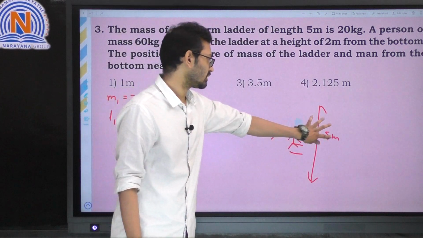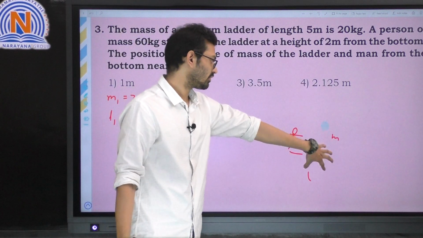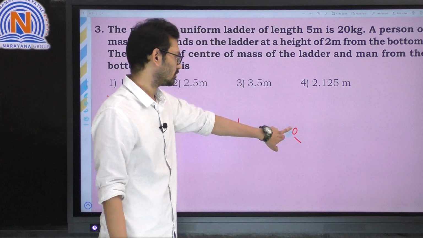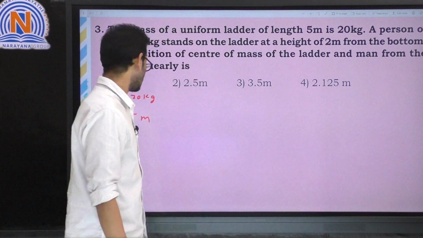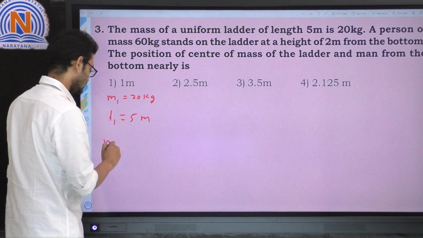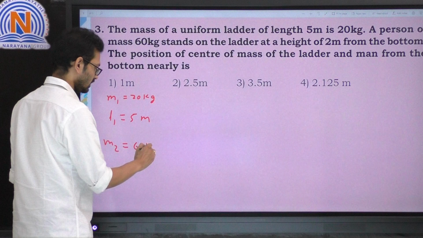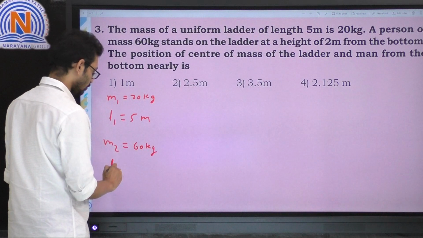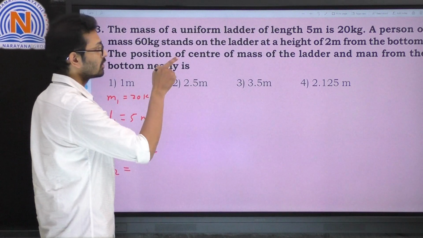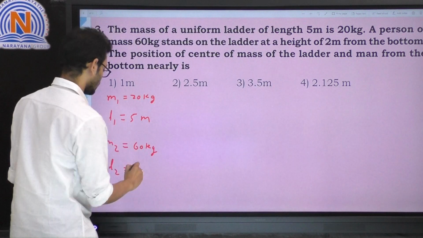They want the center of mass of this situation. You are aware of how to find the center of mass. We take M1 as the ladder's mass and M2 as the man's mass, which is 60 kg, and L2 is 2 meters.